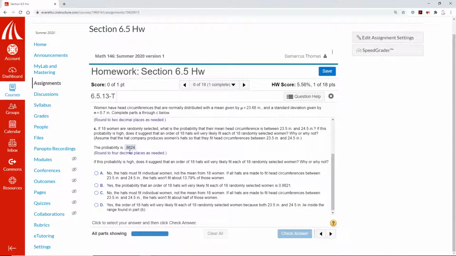Well, there's an 86% chance that it will, but there is a 13.79% chance that it will not fit. So A, you can't really refute A. What they're saying in A is actually pretty accurate.